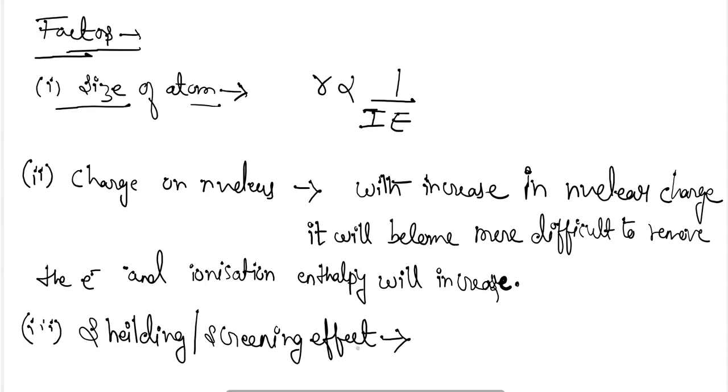If a D block or F block is present, then this shielding effect is increased, because the D block and F block have higher energy than the S block and P block.